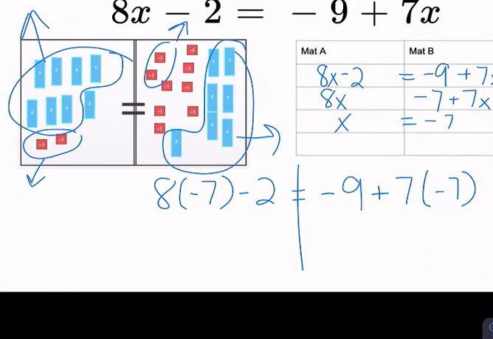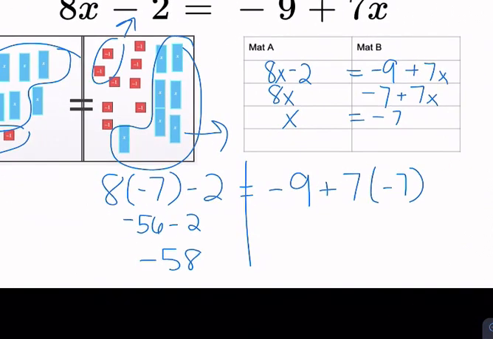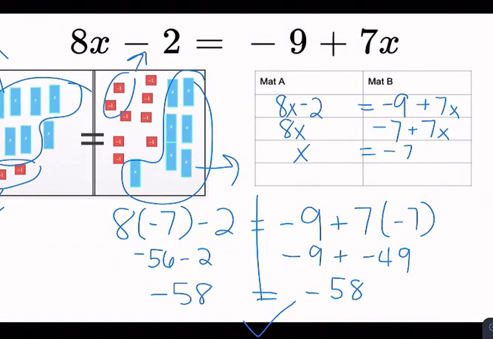So 8 times negative 7 is negative 56 minus 2 would be negative 58. This one, I have negative 9 plus negative 49, and that would also be a negative 58. So they are equal. I was correct. X equals negative 7. So it's always important to check your answer to make sure it makes sense.